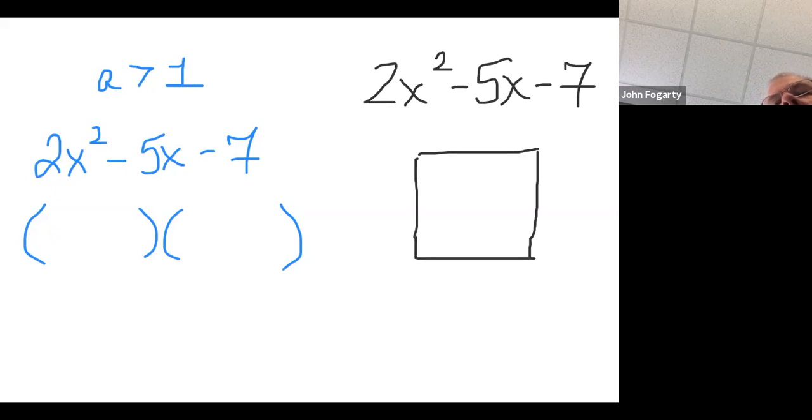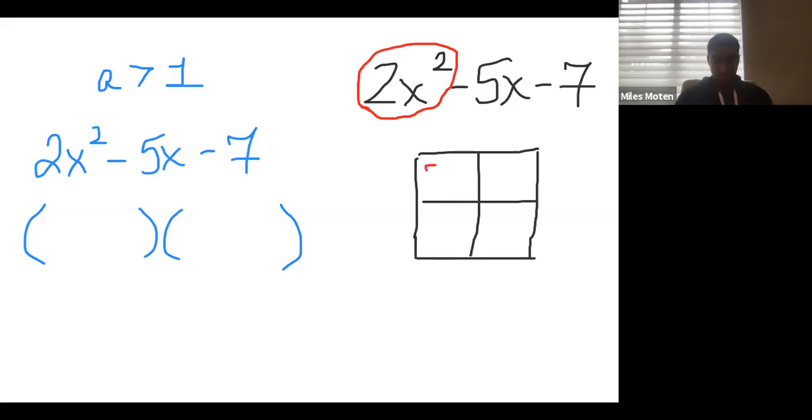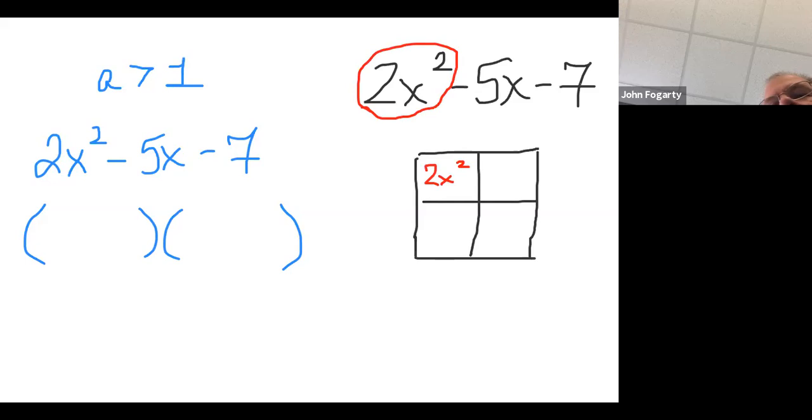And then break your box into 4 boxes. In the top left corner, put the quadratic term. And in the bottom right corner, put the constant term. All right? Comprende? Everybody got that? Yes, sir.